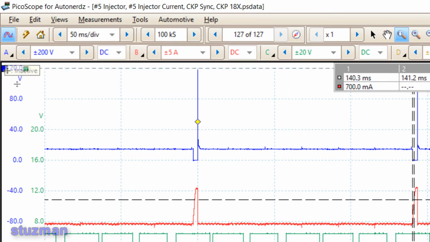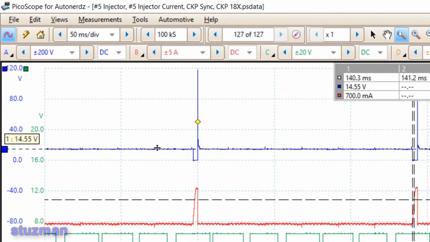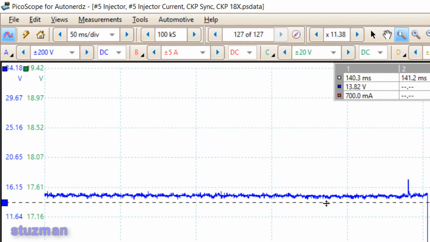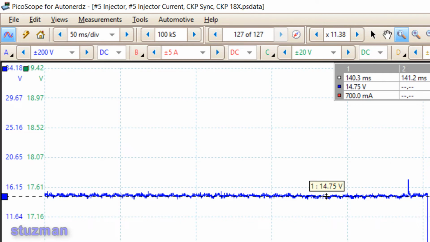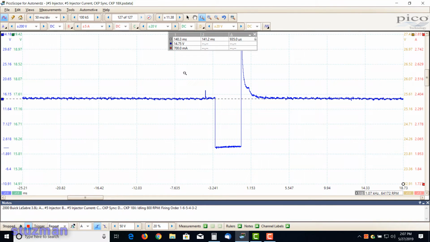Let's pull the cursor down and see what our voltage is. For that I got 14.75 volts. Like I said, it's a little high, but this was taken during the winter when it was cold, so it's probably not unusual for the voltage to be a little high.